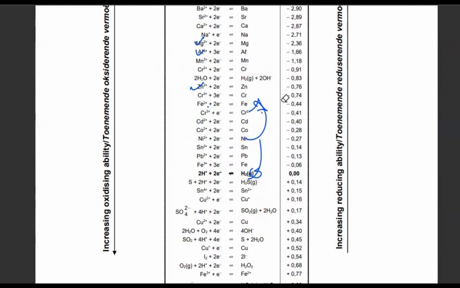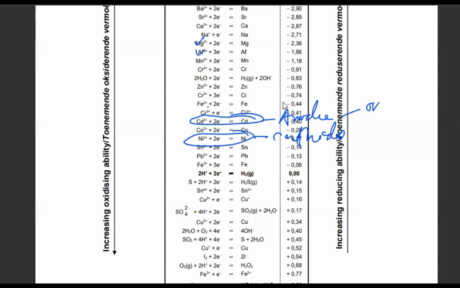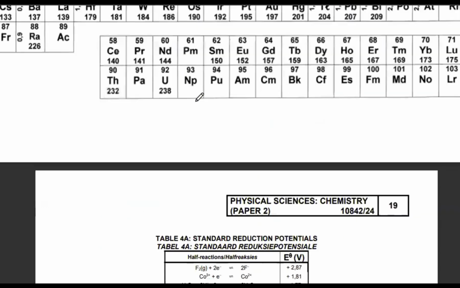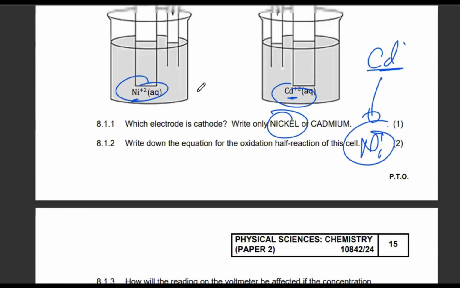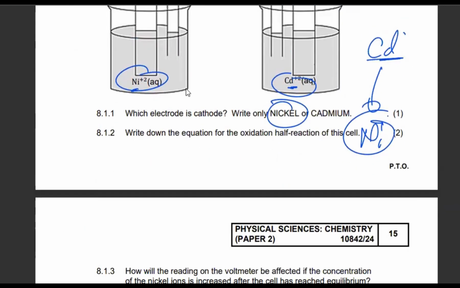The one which is above is more reactive, therefore it is oxidized, and the one which is down is less reactive, therefore it is reduced. So this is going to be the anode, while this one is going to be the cathode, meaning this one is oxidized and this one is reduced. That's why we have it like that: this one is the cathode.